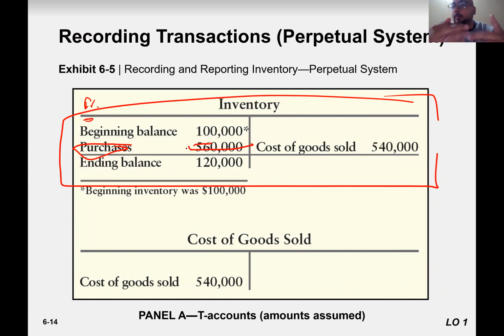If you're a factory, you are making the goods, transforming raw material into finished goods, so inventory increases. How is inventory going to decrease? When you sell it. Remember, the number here is not the sales, it is the cost of the inventory. Many students decrease inventory with the sale price, which is wrong. It doesn't make sense, it's not logical to decrease the inventory with the sale price. No, with the cost of those goods, because inventory is recorded on the balance sheet at cost price, not the sale price.